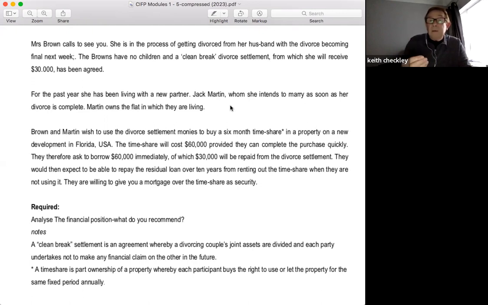Because she's getting rid of the old guy. She's getting $30,000. She's obviously happy with Mr. Martin. They're going to get married, and here's a chance of getting their own place in Florida for timeshare vacations. So she's going to come in full of enthusiasm and expecting you to be saying, oh, yes, yes, yes. Instead, you're going to have to sound some notes of caution.